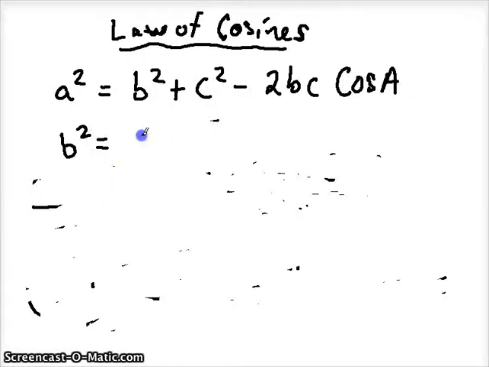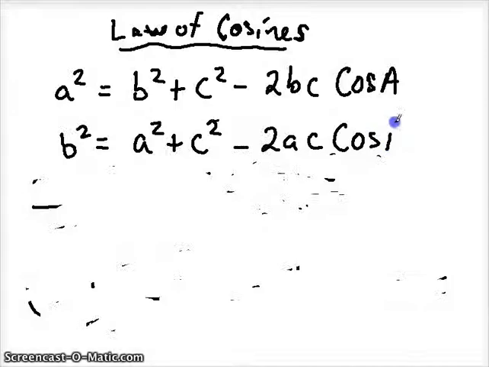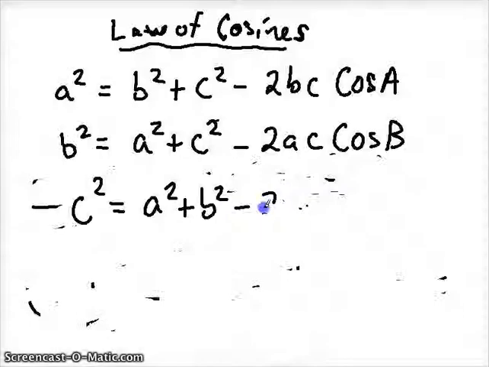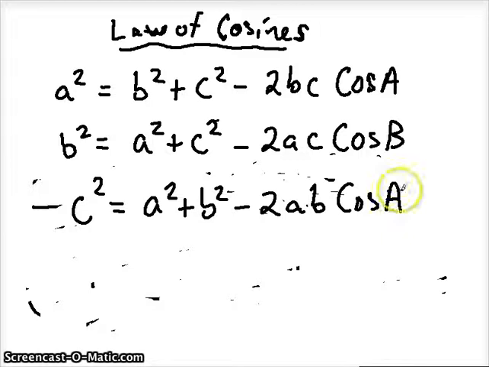The next one would be b squared is equal to a squared plus c squared minus 2ac, this time, cosine of angle B. And the last one, c squared, is equal to a squared plus b squared minus 2ab times the cosine of angle C. That should not be a negative sign right there.